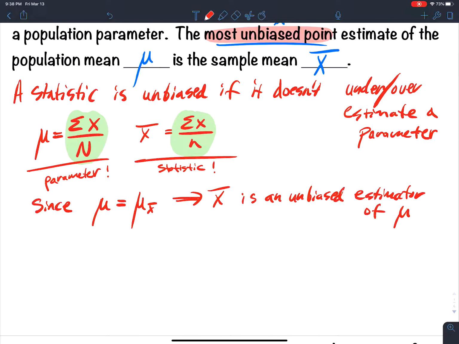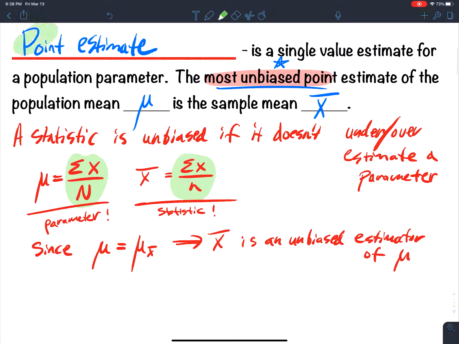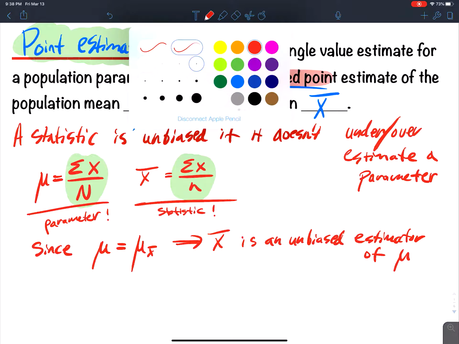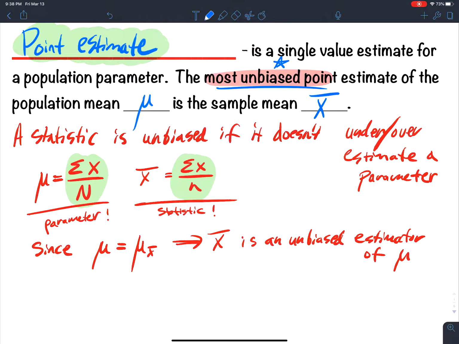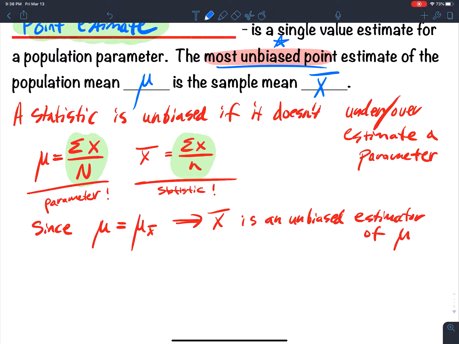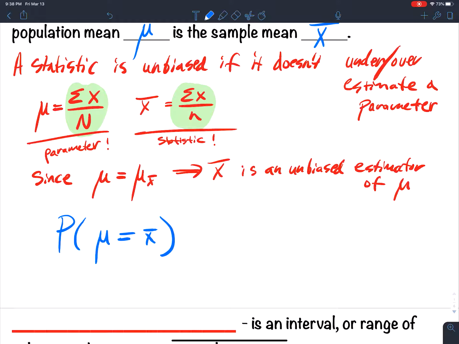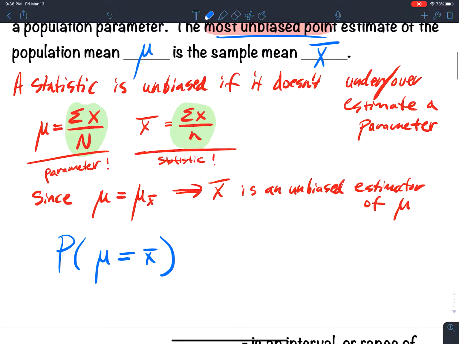Now, we talked about a point estimate. A point estimate is a single point trying to predict the probability at a single point. Could be pretty challenging. You think about it, the probability that the actual mean mu equals x bar. Well, we talked about it last time when we're looking at the probability of a continuous distribution at a single point.